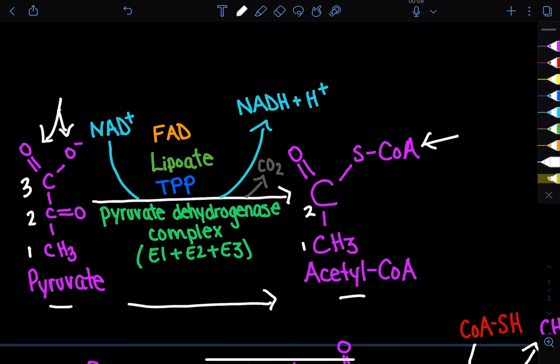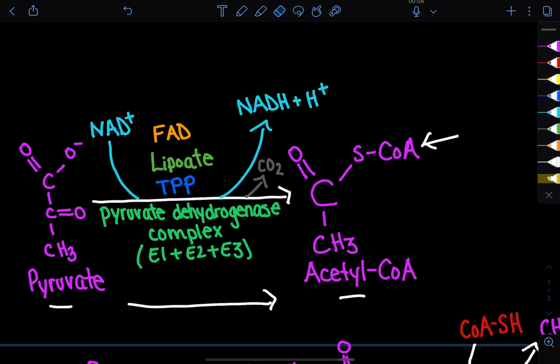The first is FAD, the second is lipoate, and the third is TPP. We'll look at where each of these is found. Lastly, we have NAD+, and in the process of going from pyruvate to acetyl CoA, NAD+ is going to be reduced into NADH, and we'll get that proton.